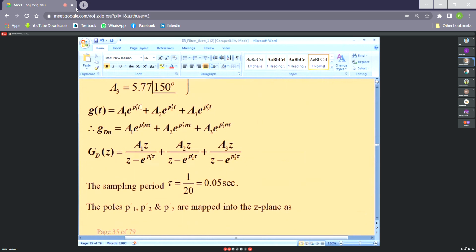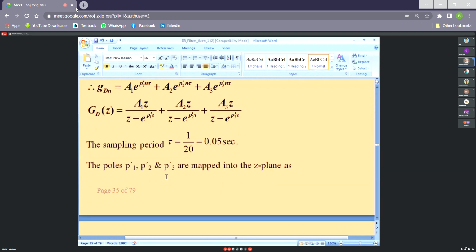So now just substitute t equal to n tau, you will get g(nτ). Take the Z transform to get the transfer function of an equivalent filter. As simple as that. Here the sampling period tau is given as 1 by 20. 20 hertz is the sampling frequency, 20 samples per second. Tau comes out as 0.05 second.